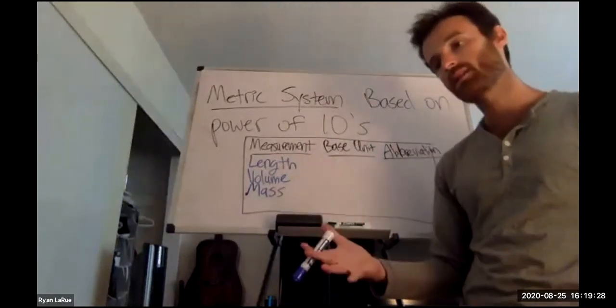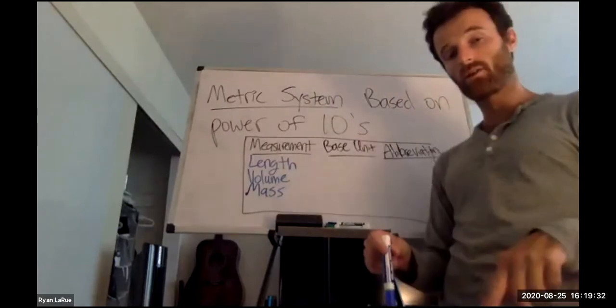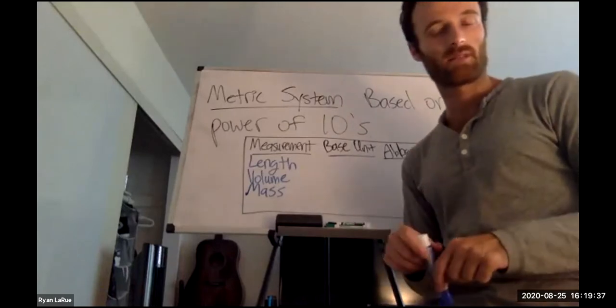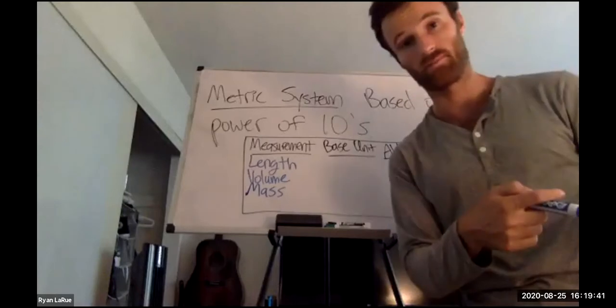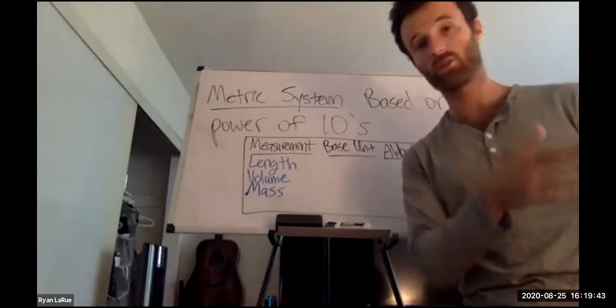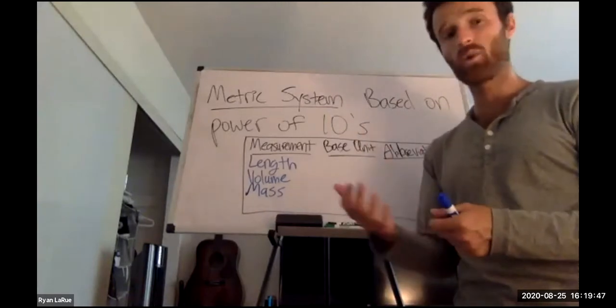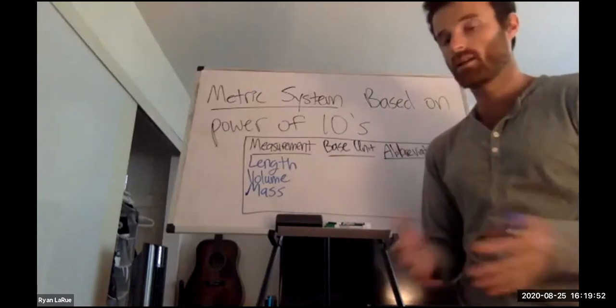And interestingly, mass is different than weight. If I'm here on Earth, my mass is the same as if I were on the moon. My mass doesn't change if I'm on the moon or Earth. However, my weight does change. Weight is a measurement of the force of gravity.